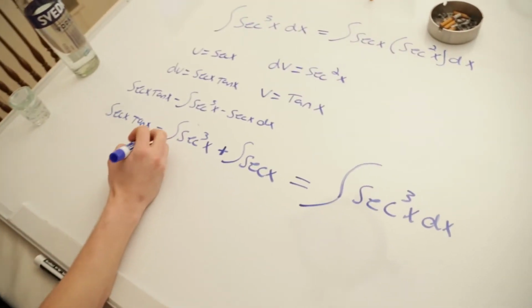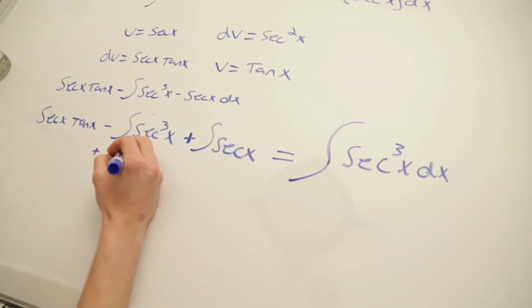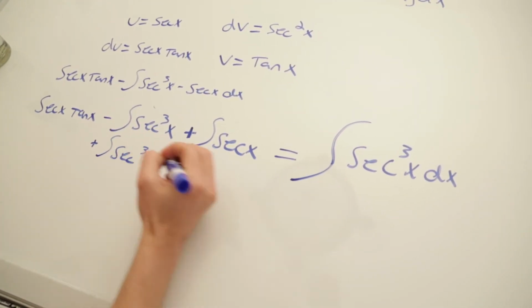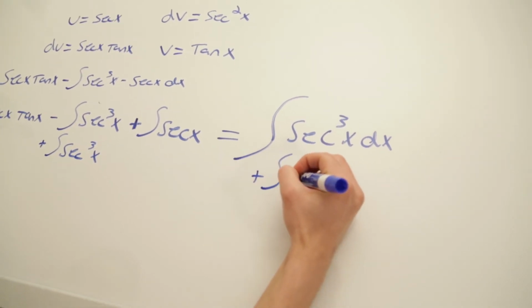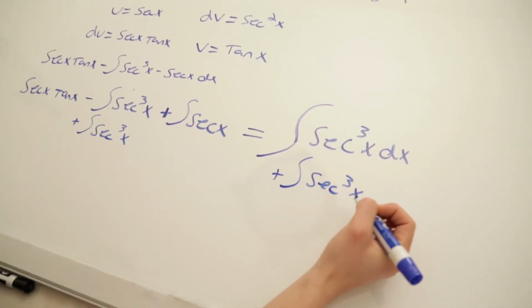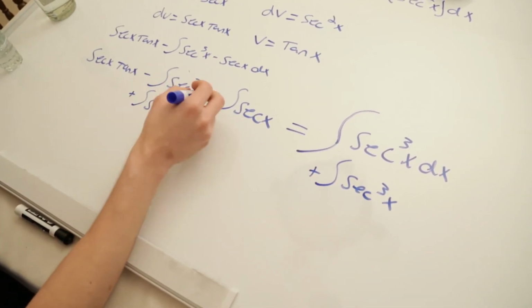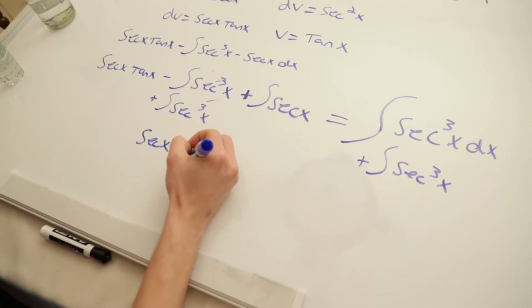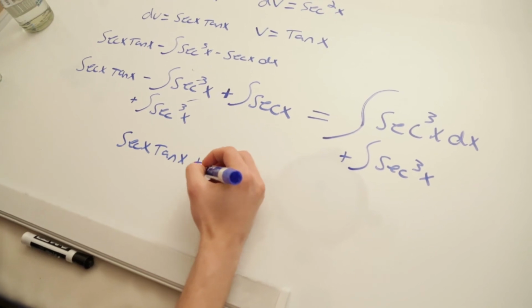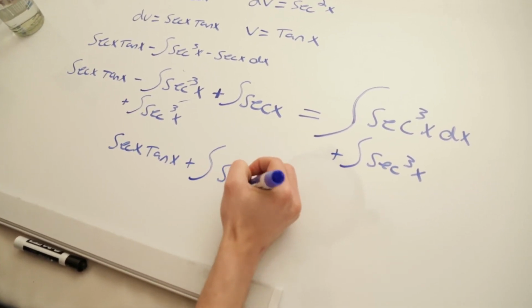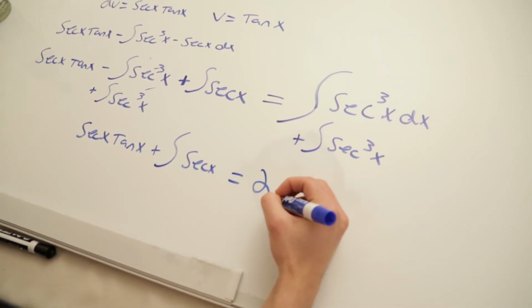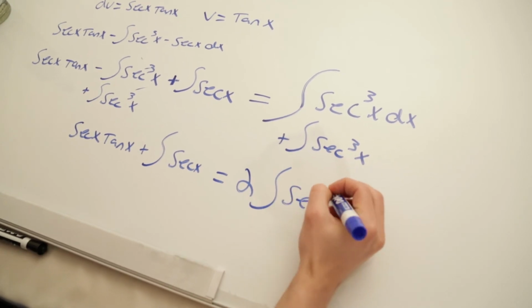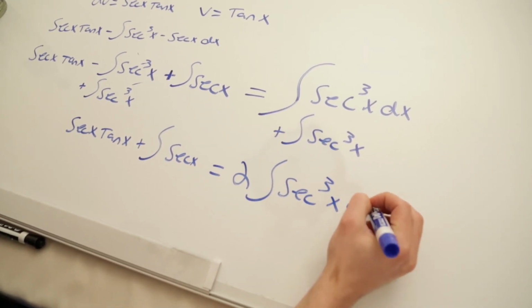We're just going to add this to both sides. So plus integral secant cubed x on each side. This will cancel from this side, and we'll get secant x tan x plus integral of secant x equals 2 times the integral of secant cubed x dx.